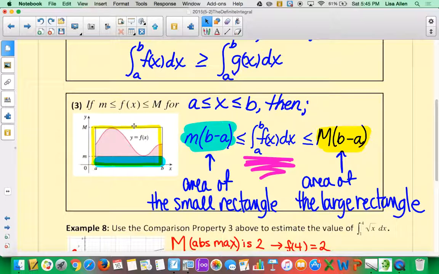The yellow rectangle, outlined in yellow, would be uppercase M times b minus a, the area of the rectangle, in other words, based on height.